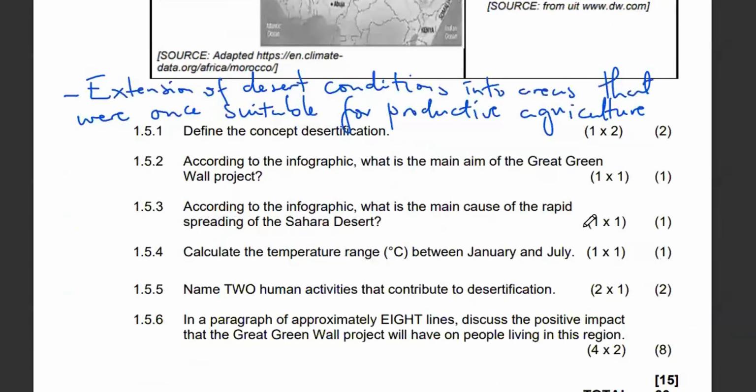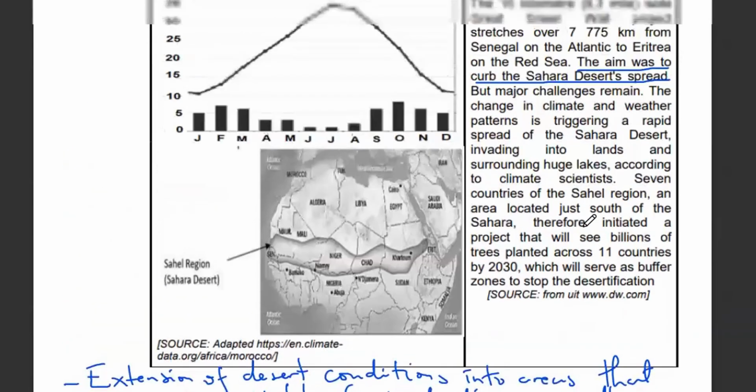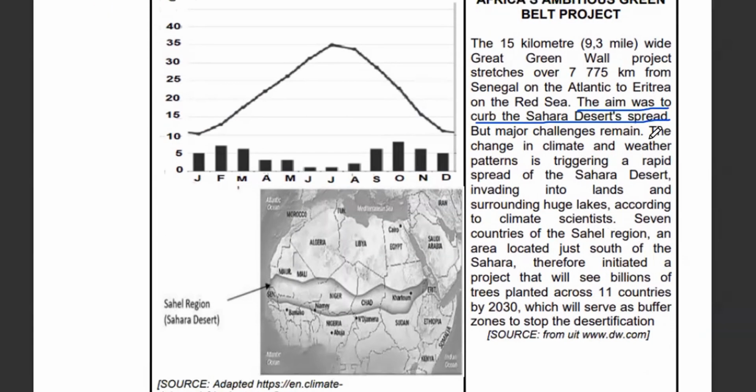According to the infographic, what is the main cause of the rapid spreading of the Sahara Desert? Again, it's extraction. We just go to the source. The change in climate and weather patterns is triggering a rapid spread of the Sahara Desert. So that is extraction.